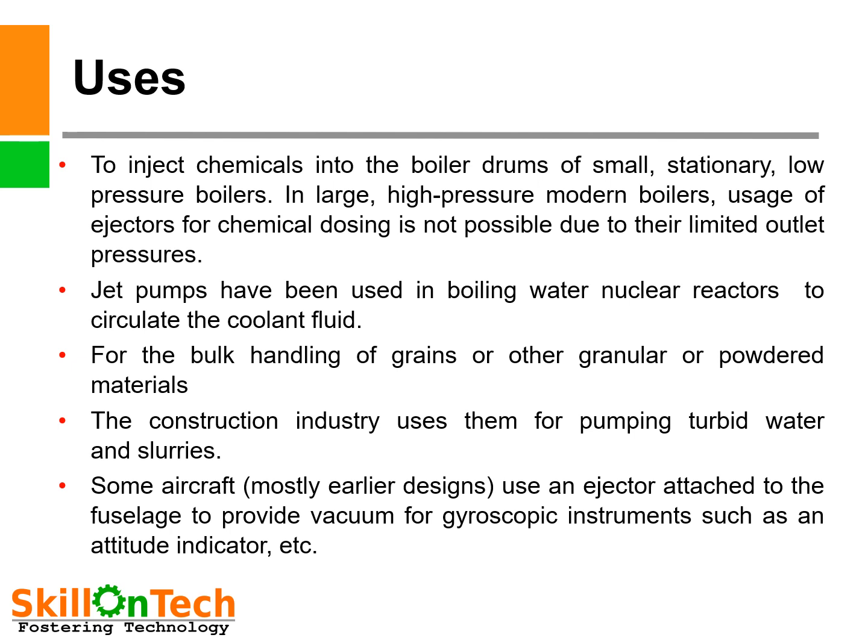For the bulk handling of grains or other granular or powdered materials, the construction industry uses them for pumping turbid water and slurries. Some aircraft, mostly earlier designs, use an ejector attached to the fuselage to provide vacuum for gyroscopic instruments such as an attitude indicator, etc.